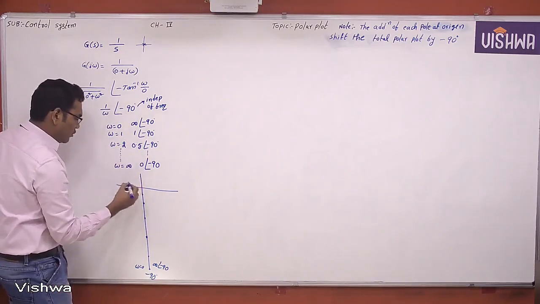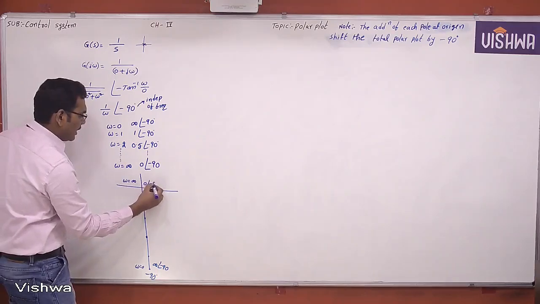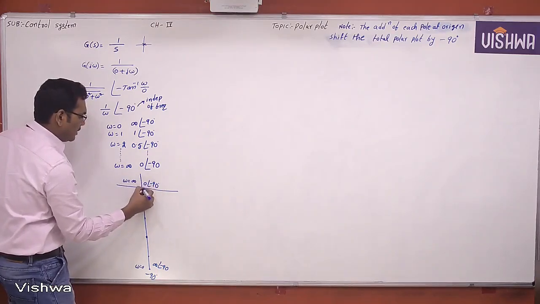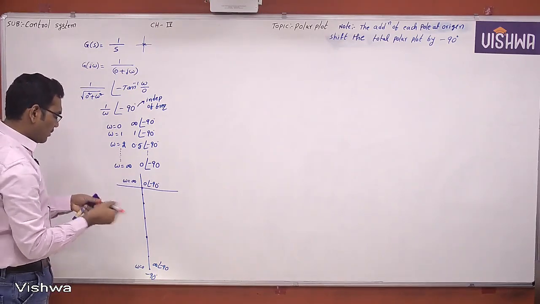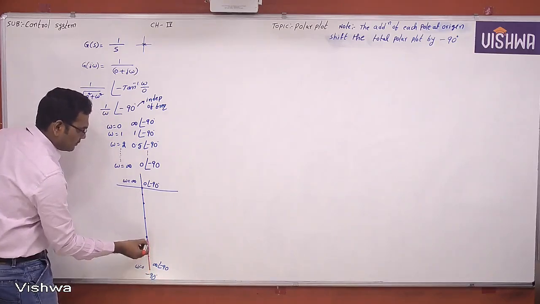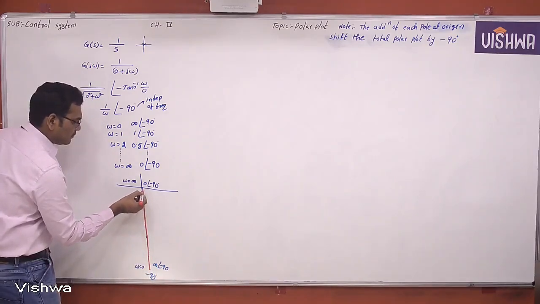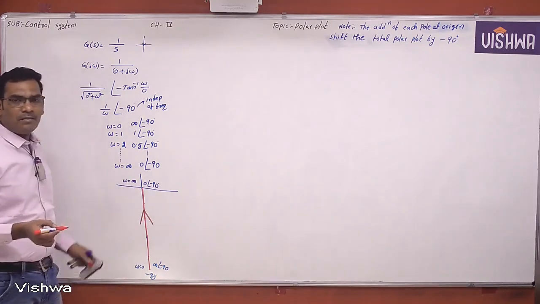When omega equal to infinity, 0 at angle of minus 90 degrees. Now this is the polar plot, and this is the direction of the polar plot.